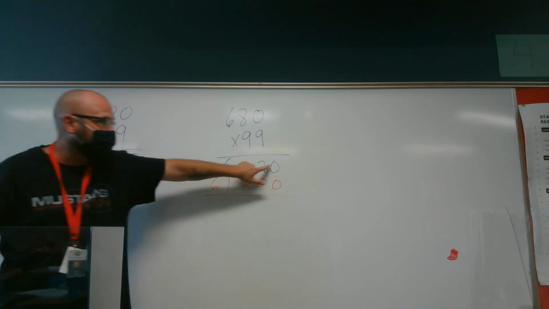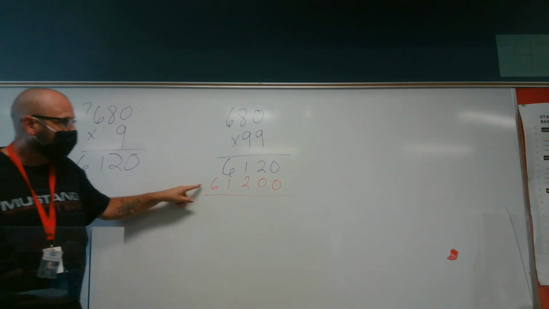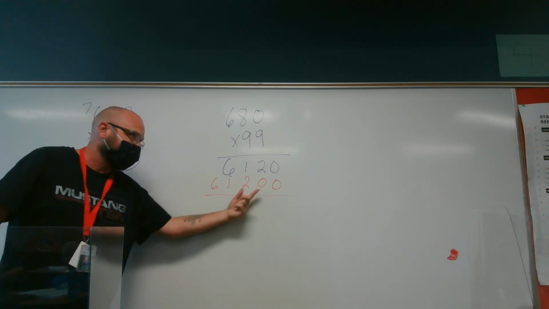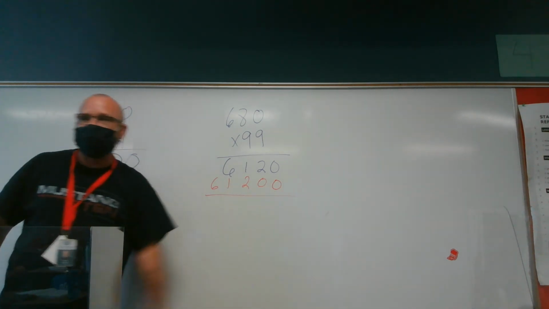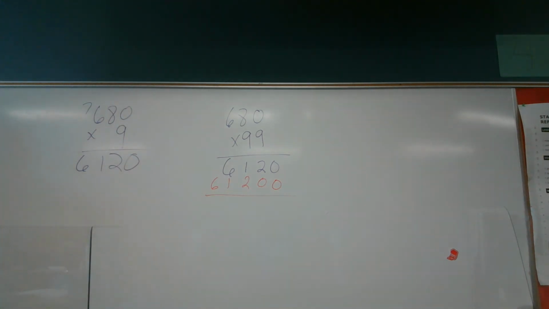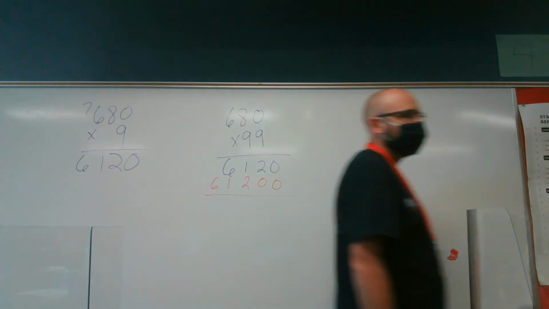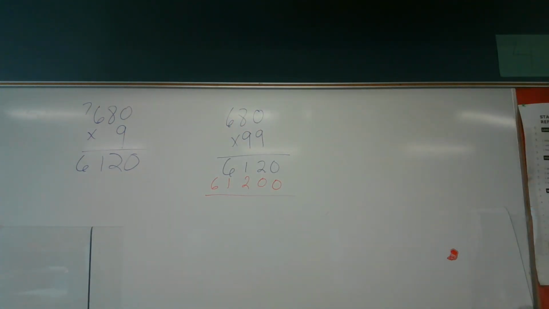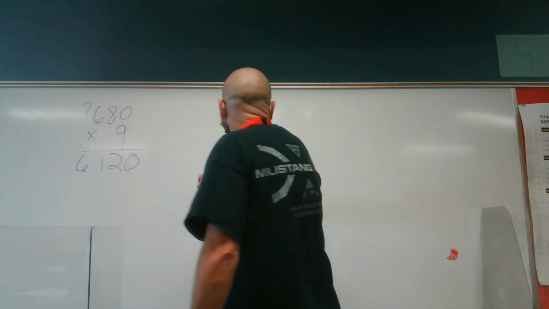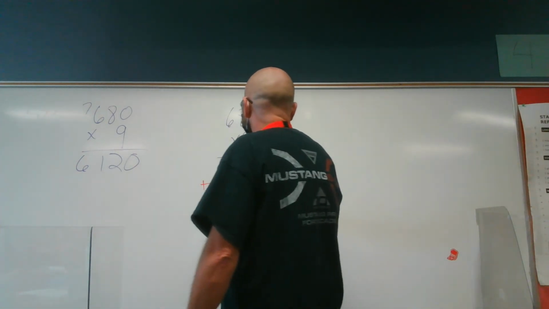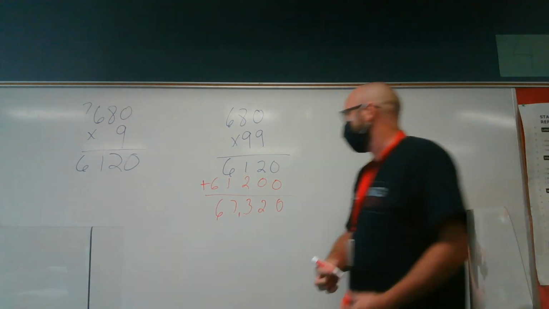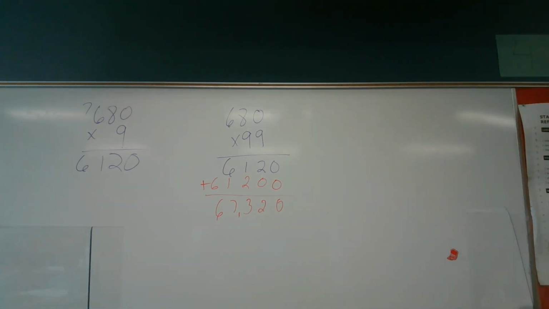When I multiply it by the tens place, it's just going to move the decimal point over one place, just like when we multiplied by tens and hundreds and thousands. Then I just add those two products together. And I get 67,320. I got it right again.